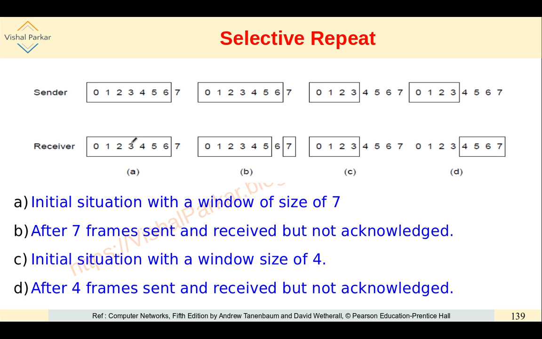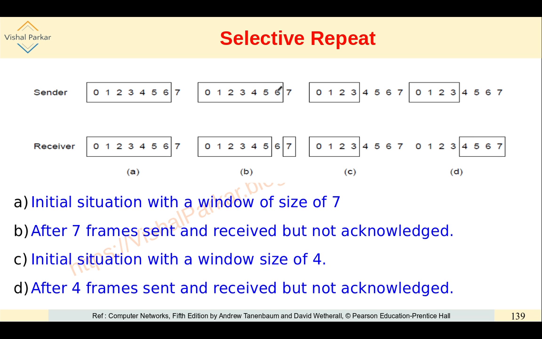So in this situation, the sender is not sure, it has not got the acknowledgement for frame numbers 0 through 6. That's why it will keep transmitting the same frames 0 through 6.